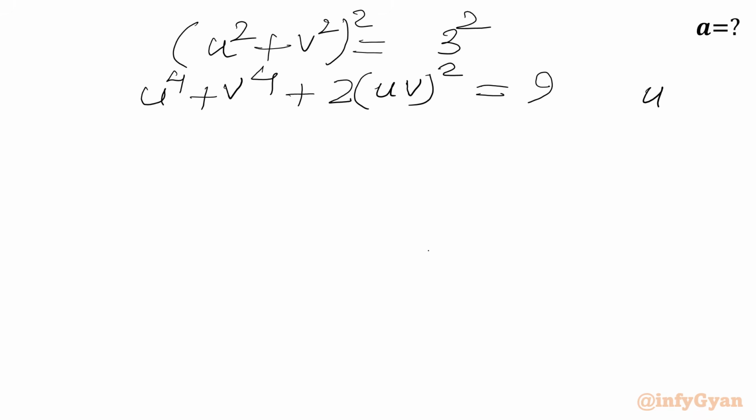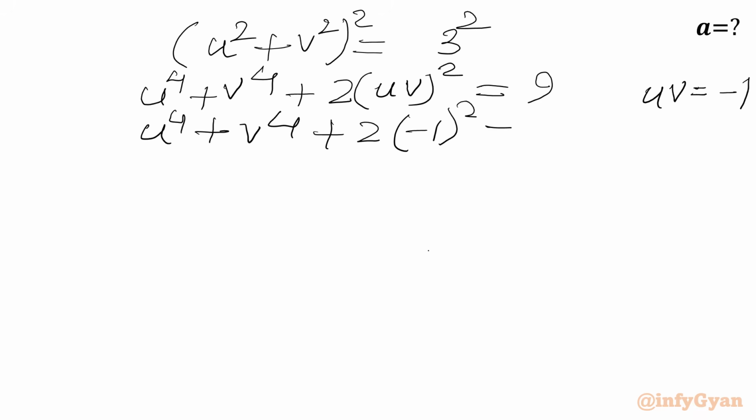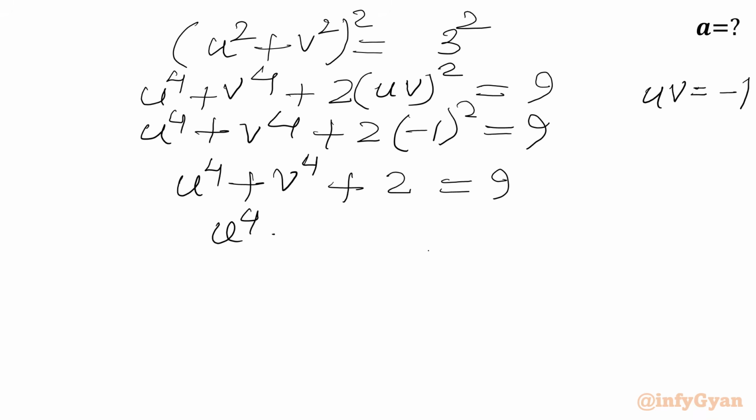Now we know the value of u times v, it is negative 1. So we will write u power 4 plus v power 4 plus 2 times (negative 1) whole square equal to 9. So we can write u power 4 plus v power 4 plus 2 equal to 9. So the value of u power 4 plus v power 4 will be 9 minus 2, which is 7.